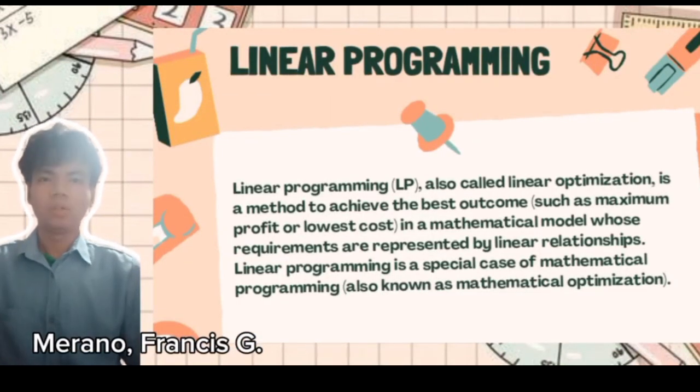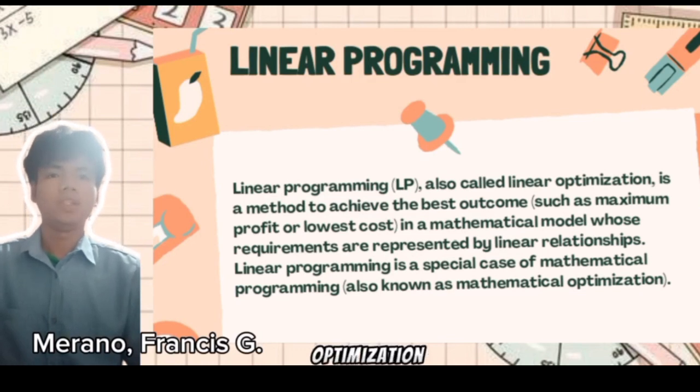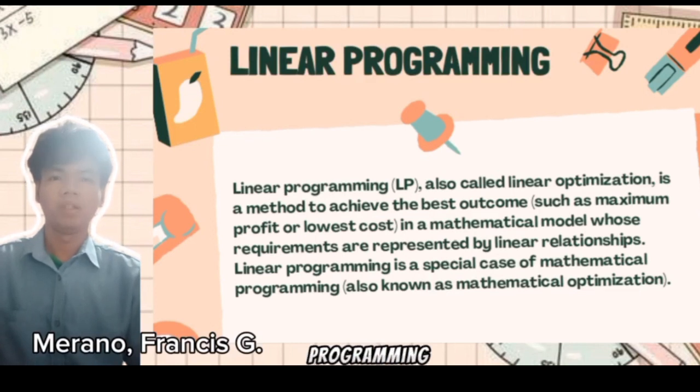Linear programming, or LP, also called linear optimization, is a method to achieve the best outcome, such as maximum profit or lowest cost, in a mathematical model. Most requirements are represented by linear relationships. Linear programming is a special case of mathematical programming, also known as mathematical optimization.